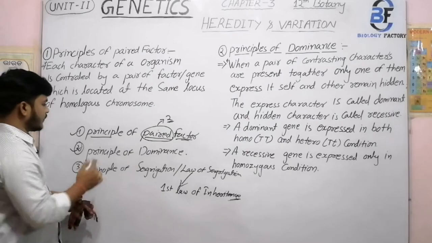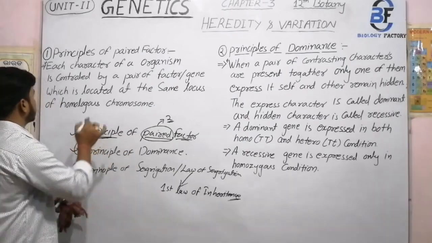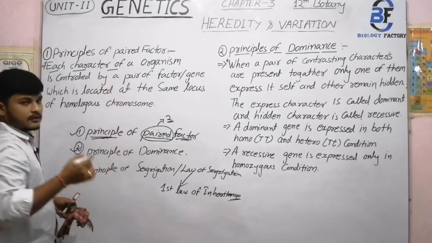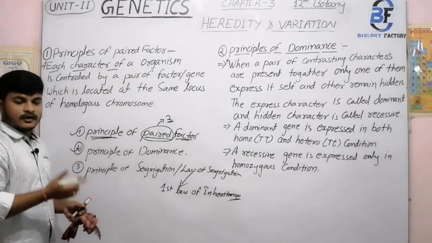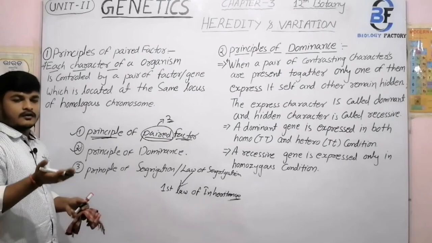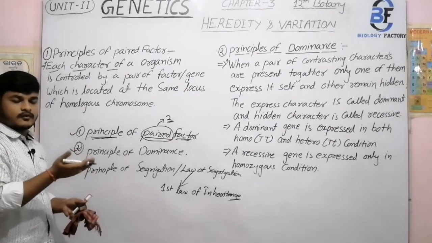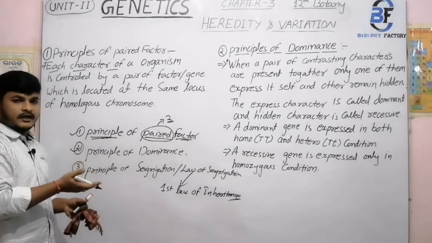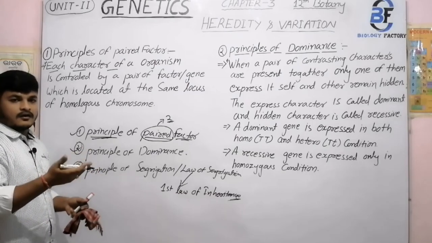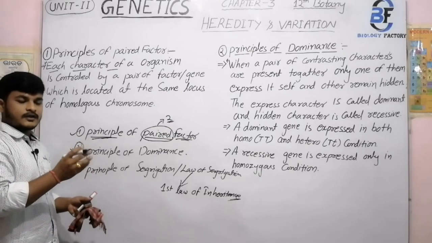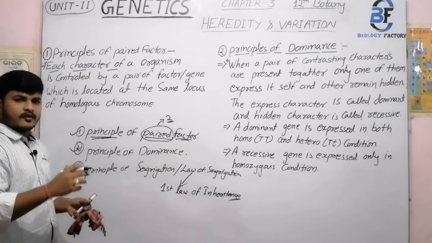If we consider the first point, each character of an organism, you may consider the tallness of an organism, the dwarfness of an organism, or the color of an organism, a seed color, green or yellow, or a seed shape, round or wrinkled, whatever it may be.